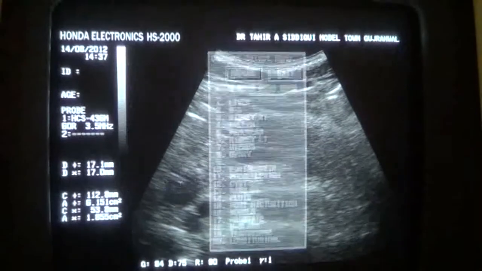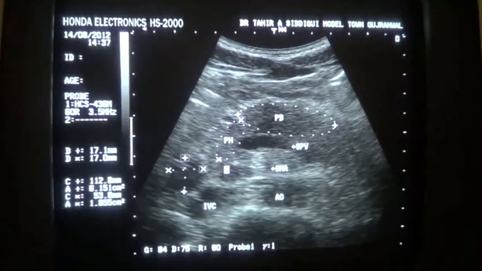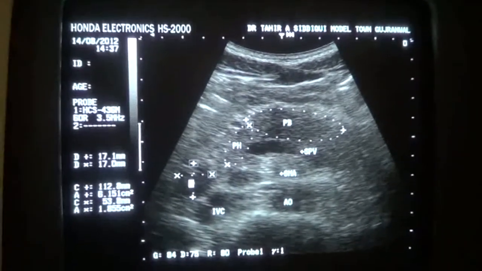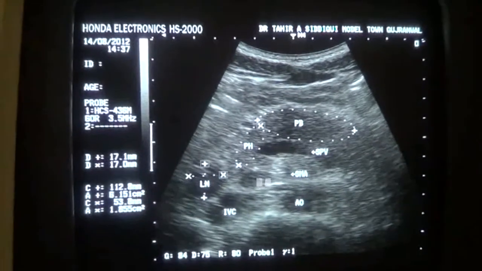These two areas, this one and this one, are enlarged lymph nodes.